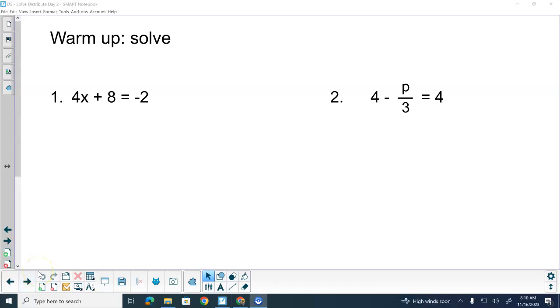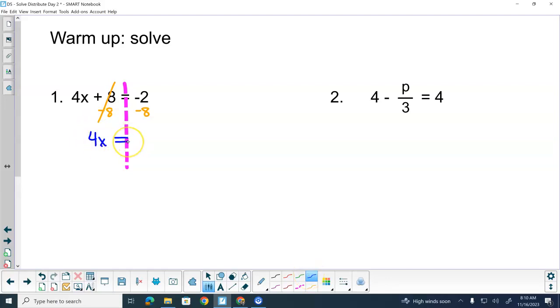Okay. All right. So in this first one, what are we gonna do first? Subtract 8. We're gonna subtract 8. Yep, we're getting good at this now. Subtracting 8. Make that go away. Leaves me with 4x equals negative 10. Now what am I gonna do next?